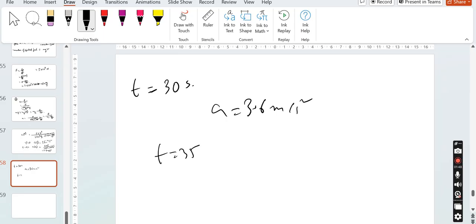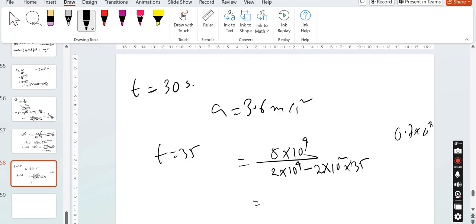T is equal to 35 will give 3.84 meter per second square.